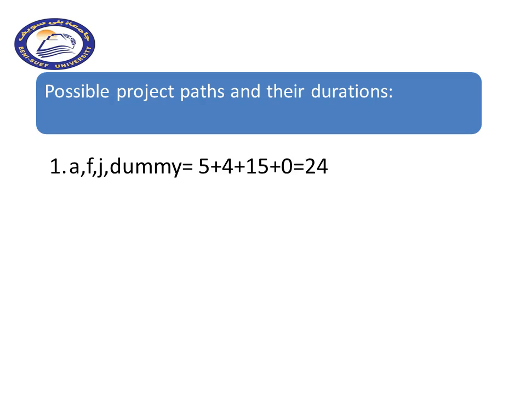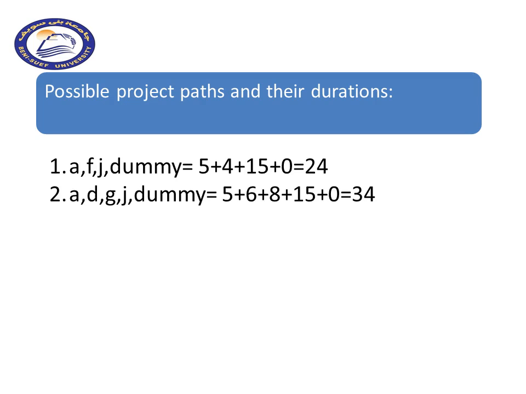The first possible path would be A, F, J, and dummy, with durations of 5 plus 4 plus 15 plus 0 that represents the dummy, counting to 24 points in time. Path number 2 with activity A, D, G, J, and dummy, with durations of 5, 6, 8, 15, and 0, counting for 34 points in time.